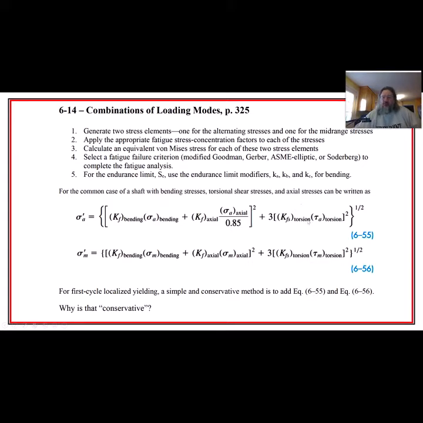But you notice that we don't have that 0.59 divided into the torsional term, right? So that doesn't do the equivalent thing, and you kind of ask why. That's because this 3 right in here functions as the same thing. If you recall, 1 over the square root of 3 is 0.577.